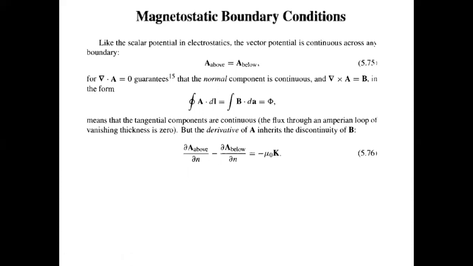The flux through an Amperian loop of vanishing thickness is 0. Because we know already the behavior of B, we can figure out the behavior of A across the surfaces. The derivative of A inherits the discontinuity of B. So there is a discontinuity of B, but A is continuous. Only the derivative of A is discontinuous, like B from this one.